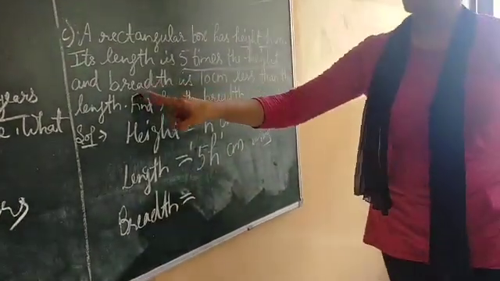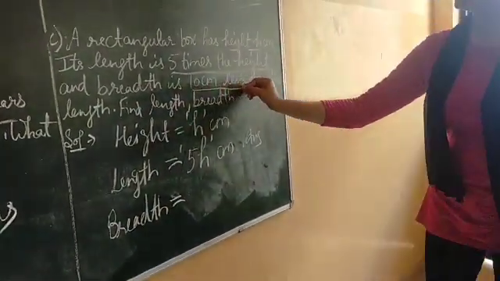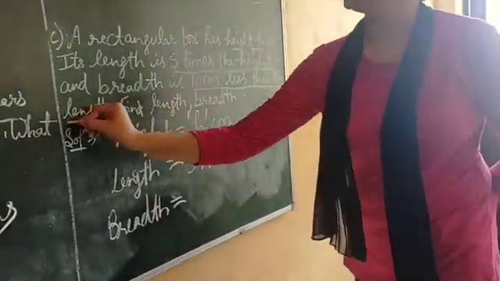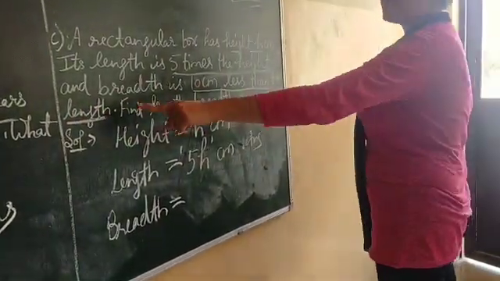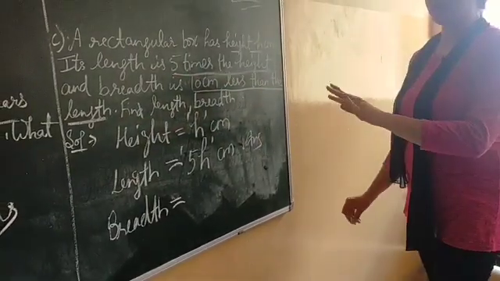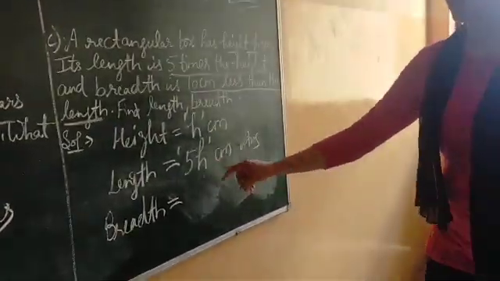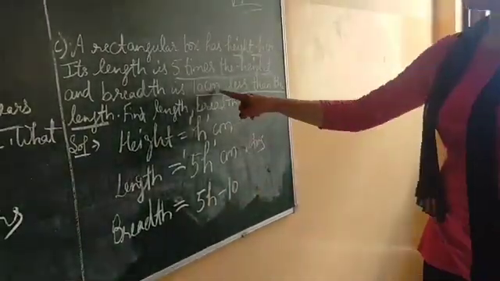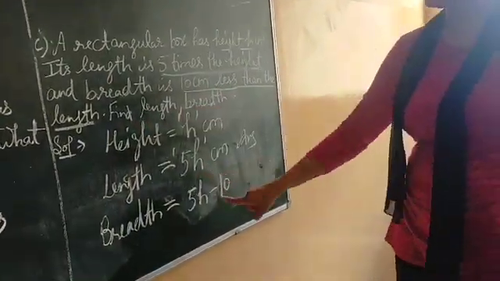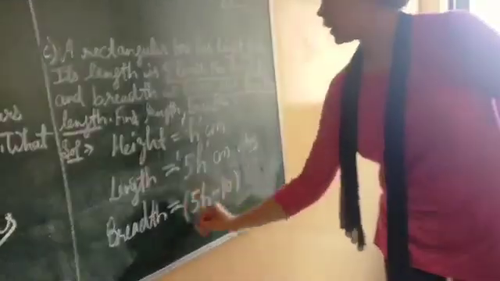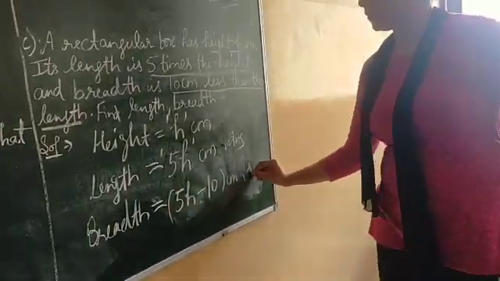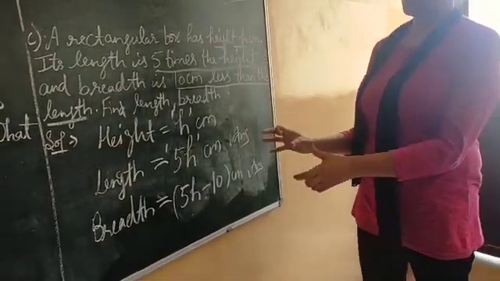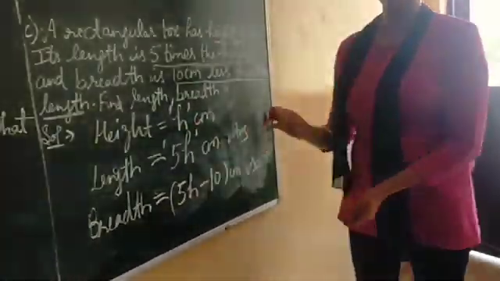For breadth we say breadth is 10 centimeter less than the length. It means जो breadth है वो length से 10 centimeter छोटी है. So what is the length? 5h. So we will subtract 10 from this because it is 10 centimeter less than the length. Length से हम 10 centimeter कम कर देंगे. So this is the breadth. ठीक है? You have to make algebraic expressions like this.